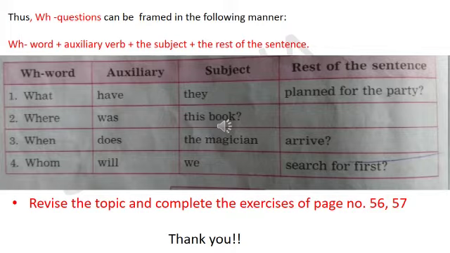When is the WH word, does is the auxiliary verb, the magician is the subject, and arrive is the rest of the sentence. Whom will we search for first? Whom is the WH word, will is the auxiliary verb, the subject is we, and search for first is the rest.